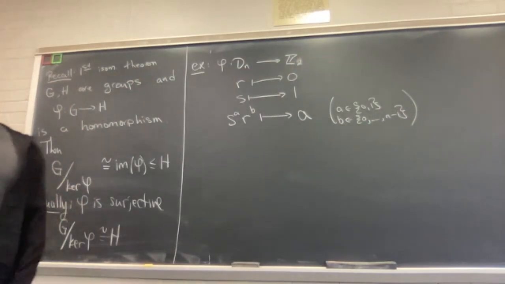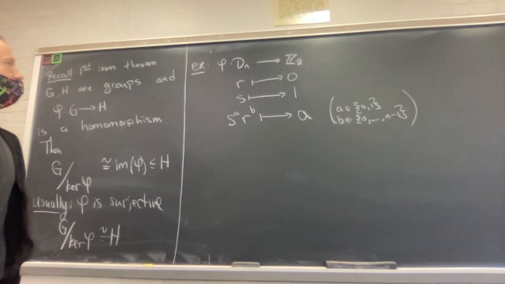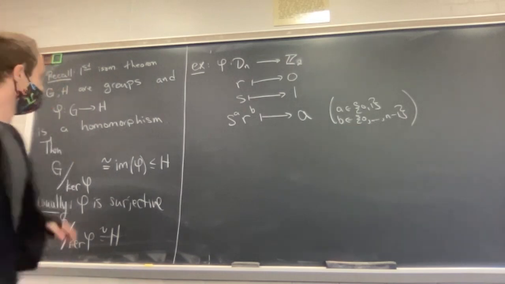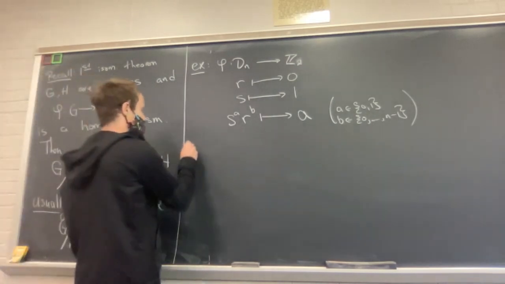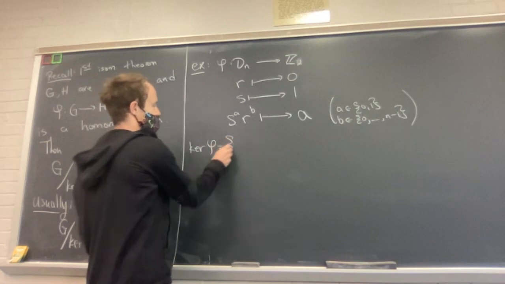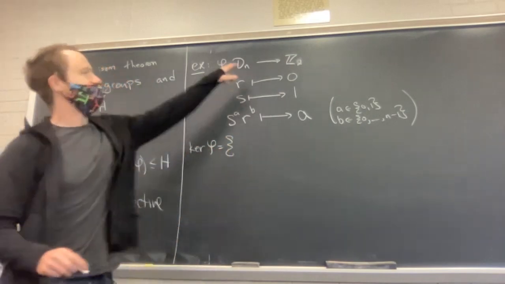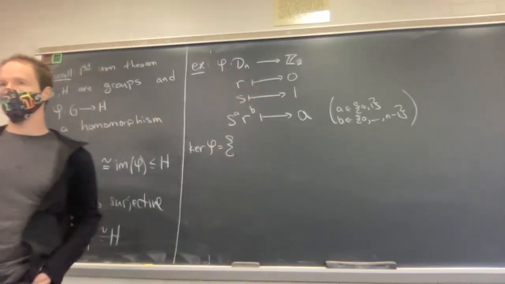So previously we checked that this was a homomorphism. It's not too hard to check that this is a homomorphism. Now what we want to do is see what the isomorphism theorem tells us about this. So let's find the kernel. So the kernel of phi is going to be everything in Dn that is sent to the identity in Z2.